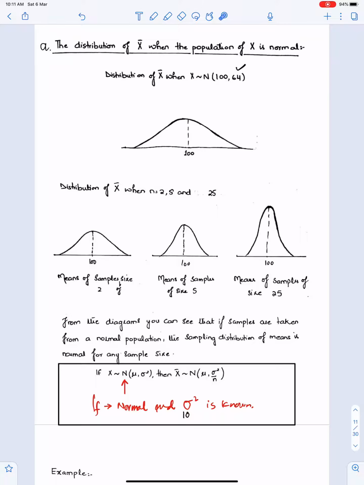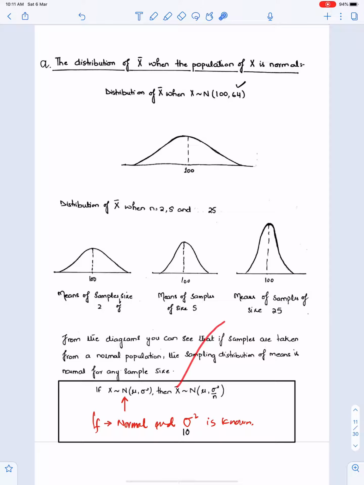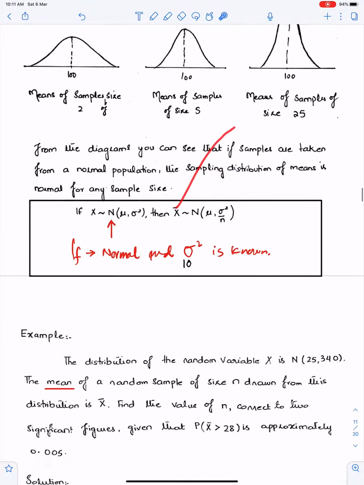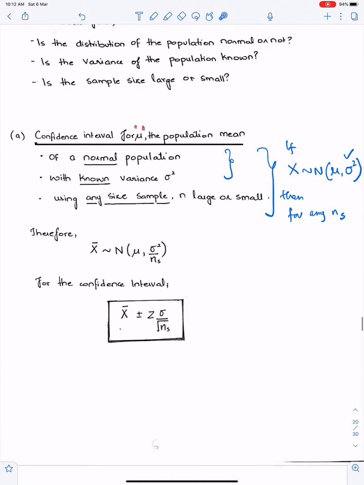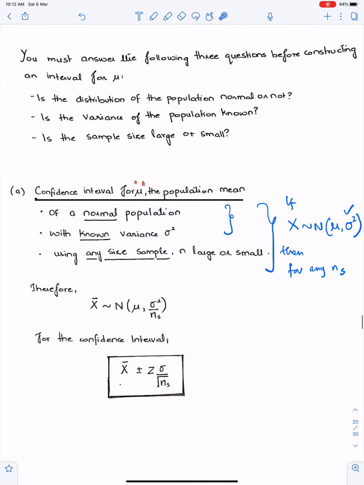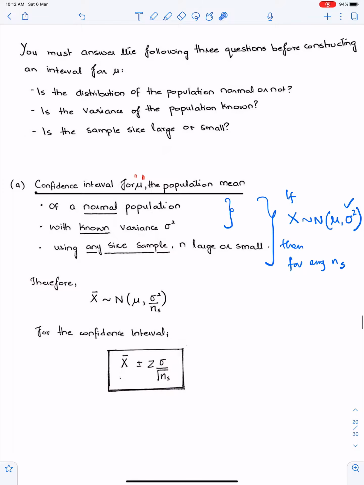I told you when x is normal and sigma square is known, then x bar will always be normal for any sample size. And I told you we will use this information in confidence interval. Now we are using this information in confidence interval here. So when we have this thing, then this is the formula of the confidence interval.